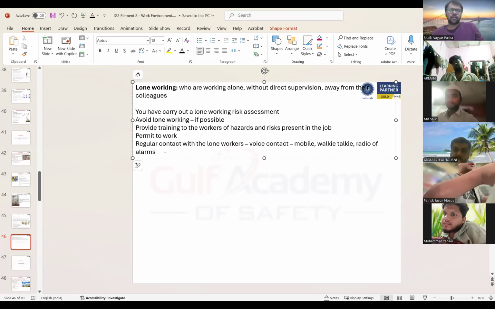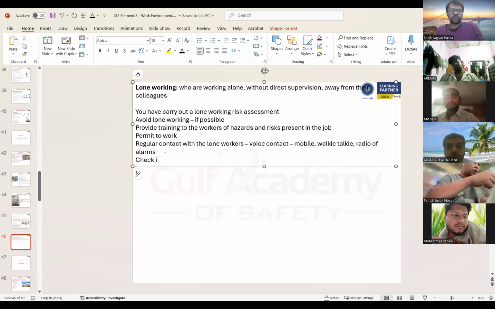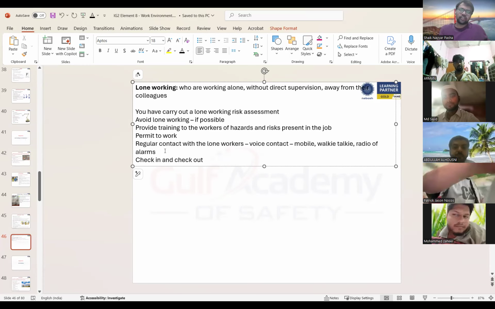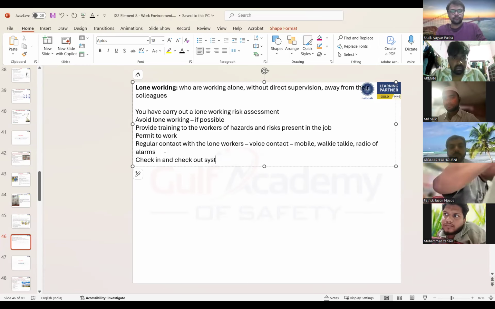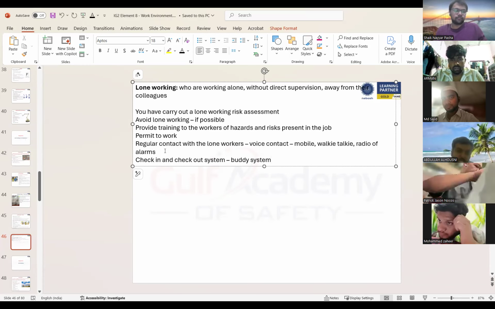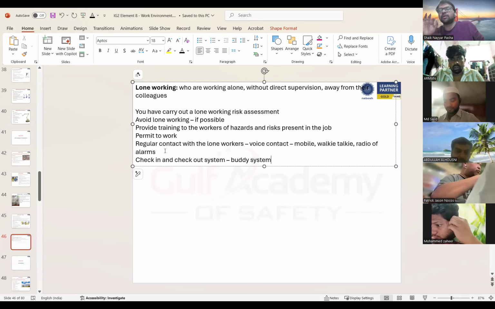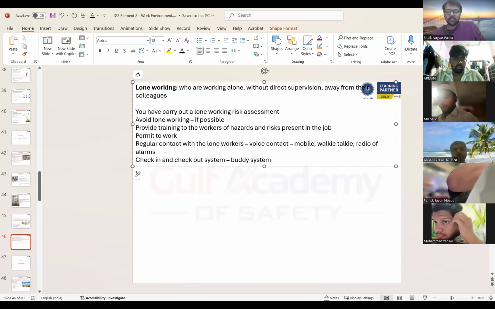Also make sure there is a proper procedure for check-in and check-out, or you can go for a buddy system. If it is high risk, make sure there is no lone working. There should be some other person to monitor him.